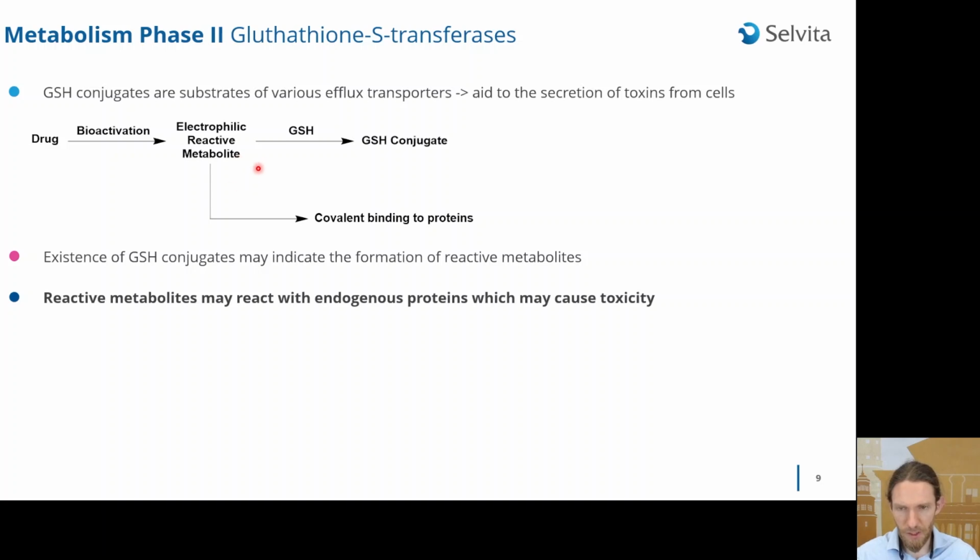These electrophilic reactive metabolites are not readily identified in the screening assays, because they are so reactive. So to be able to detect them, researchers are adding glutathione to screening assays to detect these conjugates. If such conjugates are being detected, this is a warning of a possible toxicity.